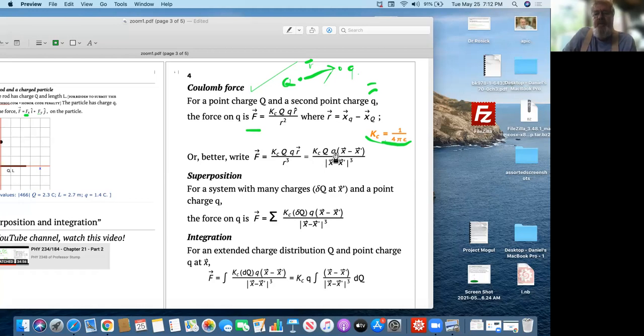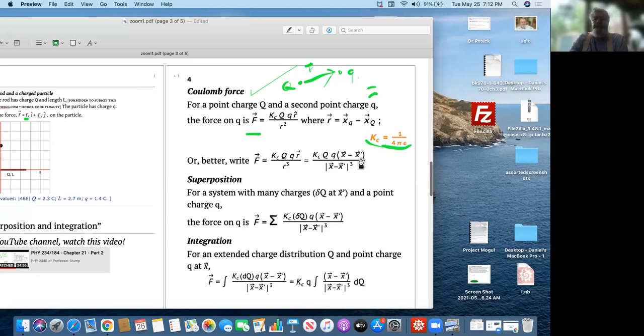Or kQq (x minus x prime) over |x minus x prime| cubed. Where here x is the position of little q, that's x_q. x prime is the position of capital Q, that's x capital Q. So that's the force on little q.